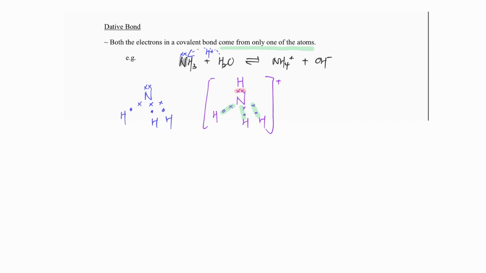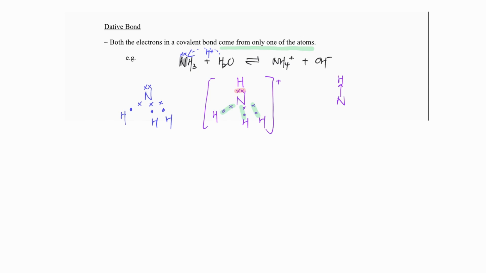If the question asks us to draw the structure of the ammonium ion, we will use an arrow to indicate a dative bond, where the sharing pair of electrons both are from the nitrogen atom, so the arrow points from nitrogen to hydrogen.